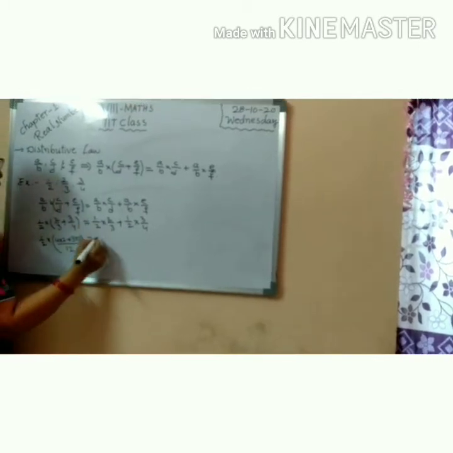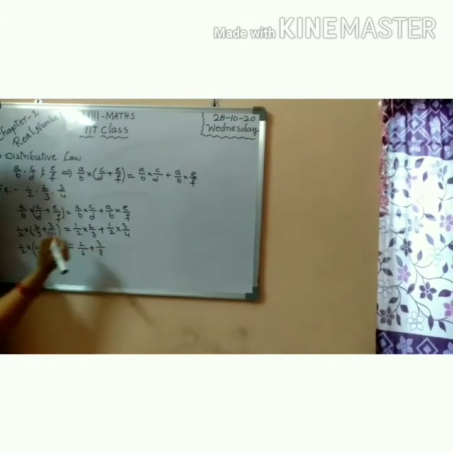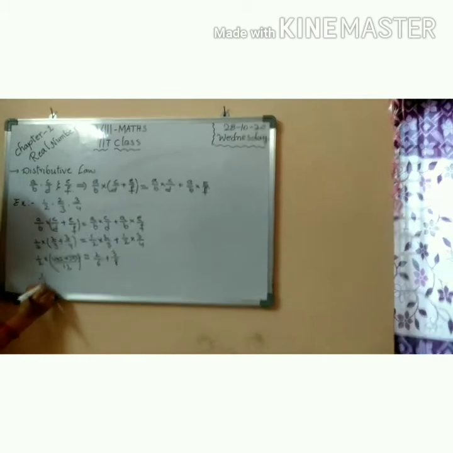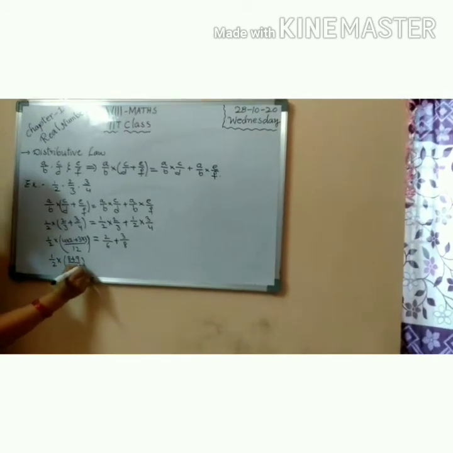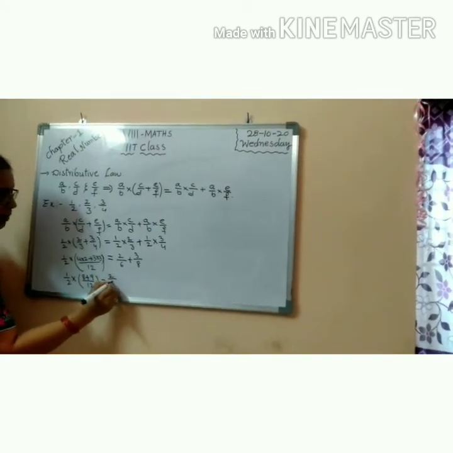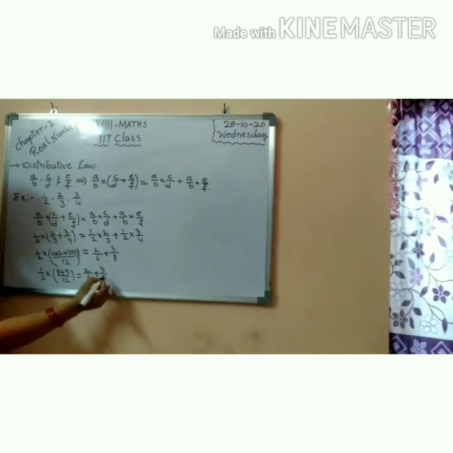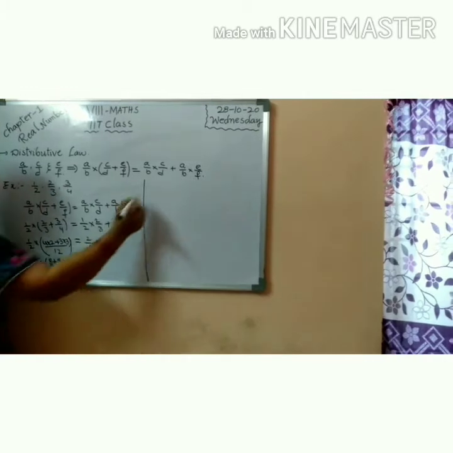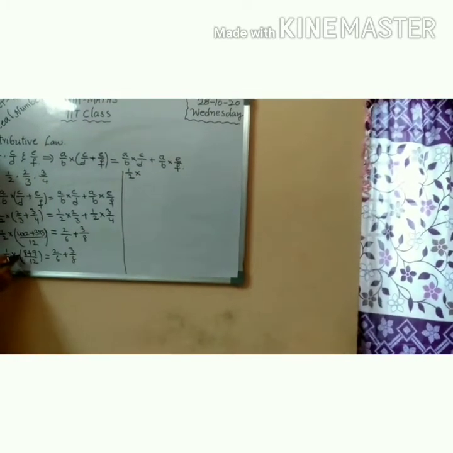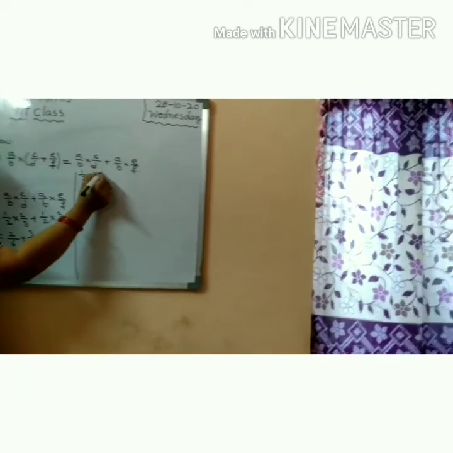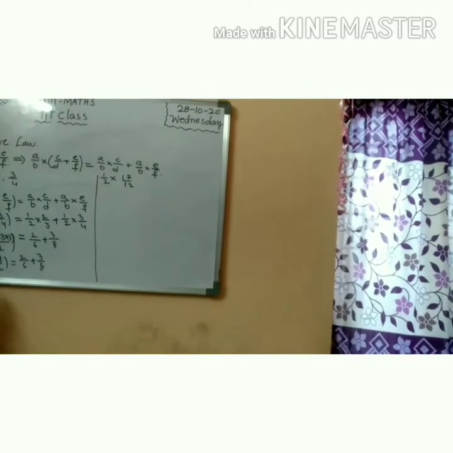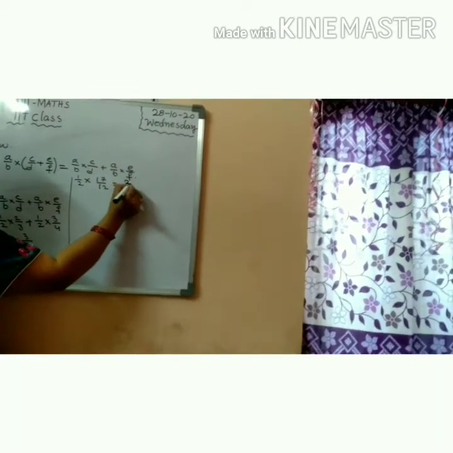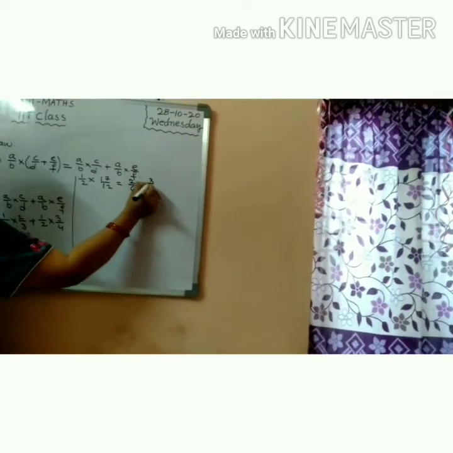That is 1/2 into (8 plus 9) by 12, which is 1/2 into 17/12. Then 1 twos are 2 by 6, plus 3 ones are 3 by 8. So 17/12 into 1/2 is 17 by 24.